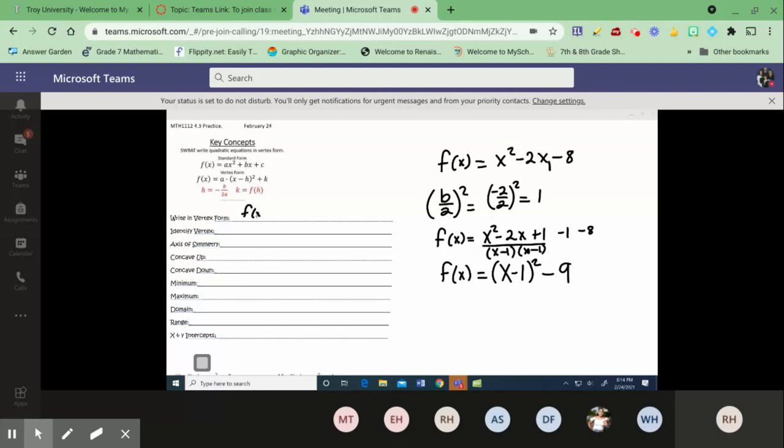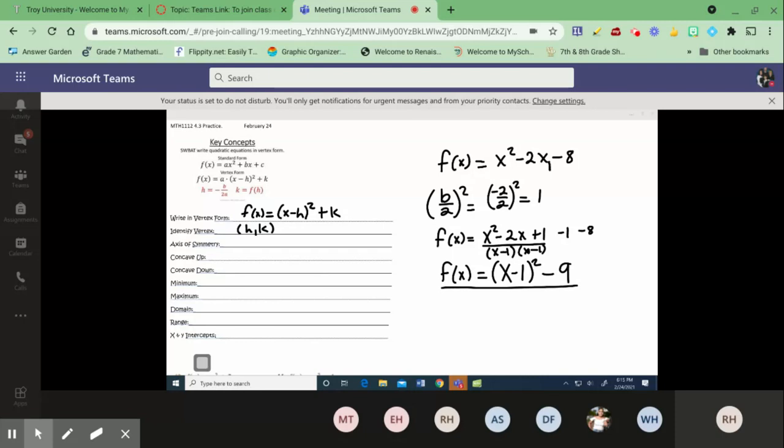f of x is equal to x minus h squared plus k. For this problem, my vertex is the h, k. So be careful now. Remember when you're doing your transformations. If I go x minus 1 inside the function, that's going to shift me to what direction? To the right, yeah.